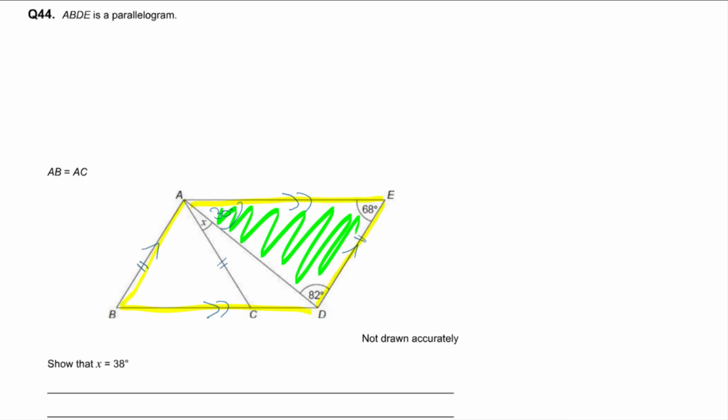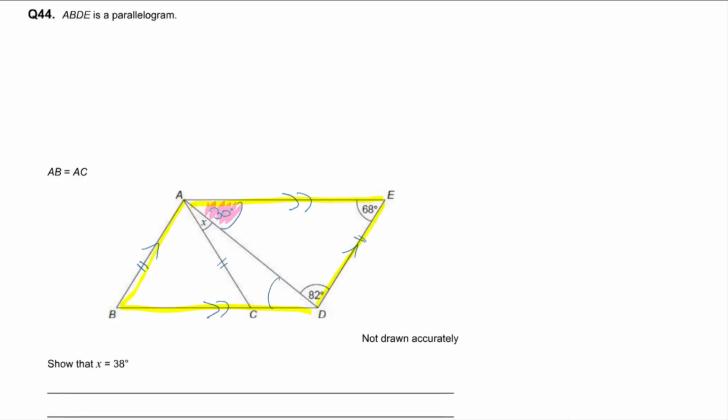Now, because ABDE is a parallelogram, it also means that we've got angles in parallel lines, don't I? So AE and BD are parallel, and we've got lines crossing them. So this angle up here, look, the 30-degree angle, that is actually alternate to this angle down here.